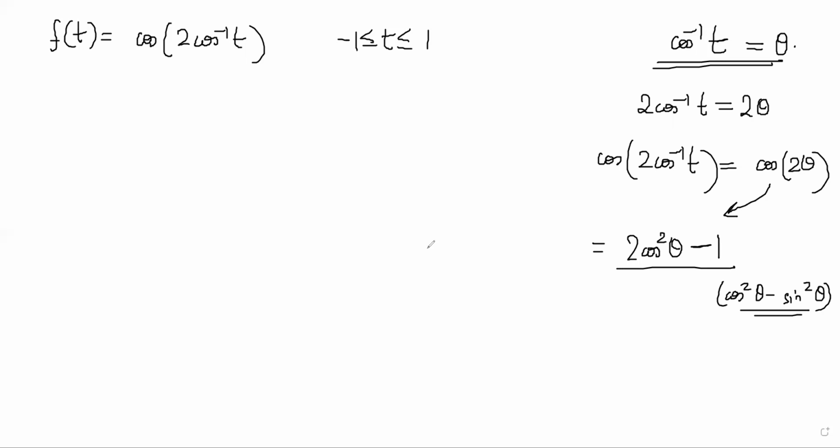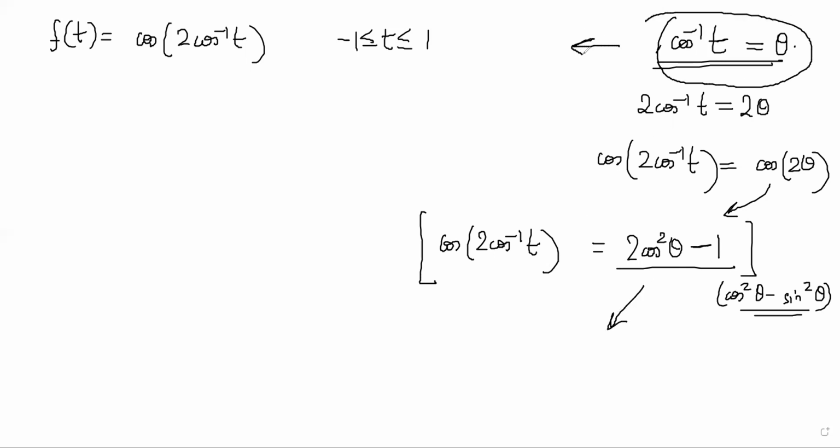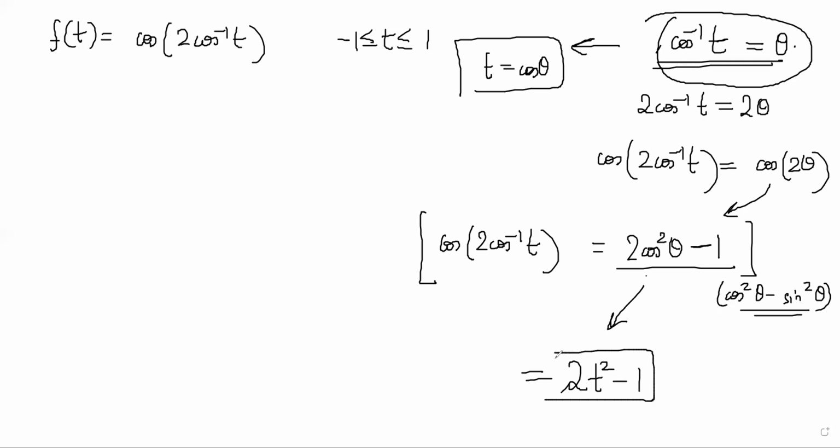So cos of 2 cos inverse t can be written like this. And using this assumption, since cos inverse t is theta, t is equal to cos theta. So instead of cos theta here, I can put t: 2 t square minus 1, right?